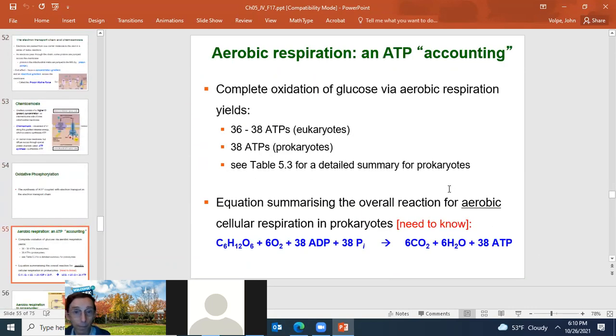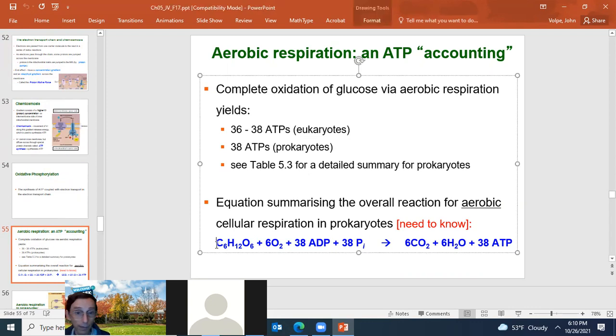So the total amount of ATP is 36 to 38 ATP per molecule of glucose in eukaryotes. And in prokaryotes, it's 38 ATP per molecule of glucose.